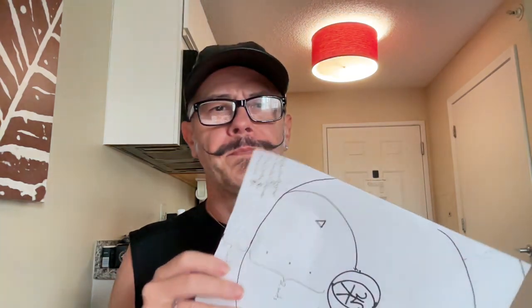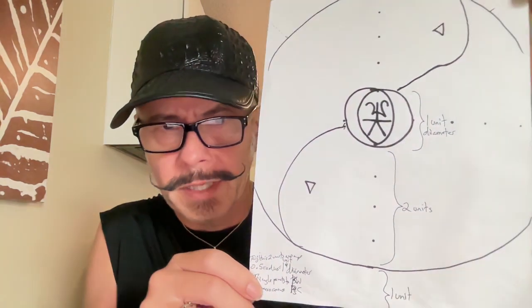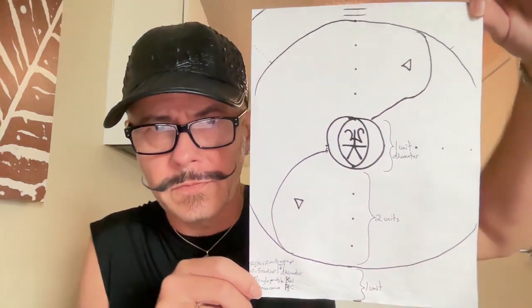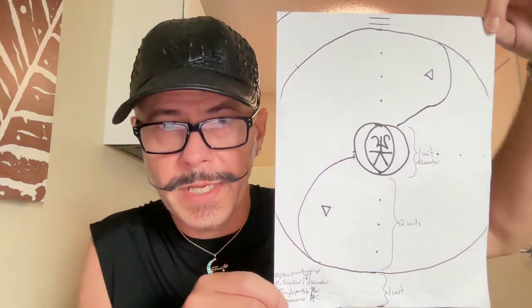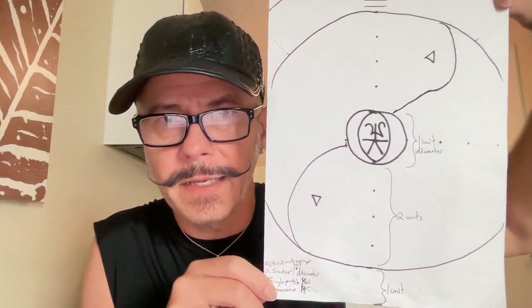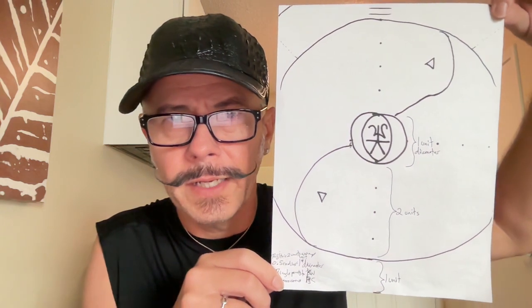So without further ado, we're going in order of topic right here. Here are the three diagrams, and unlike in previous videos where I kind of go out on a tangent, I'll just list these three diagrams I have today quickly here.